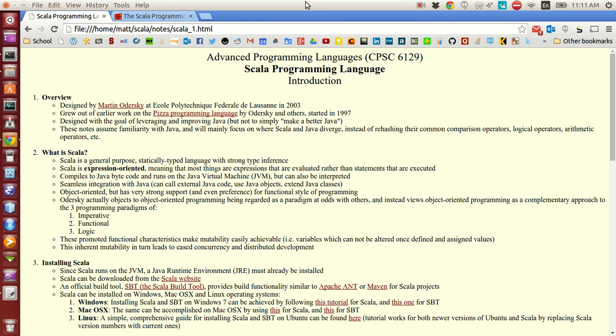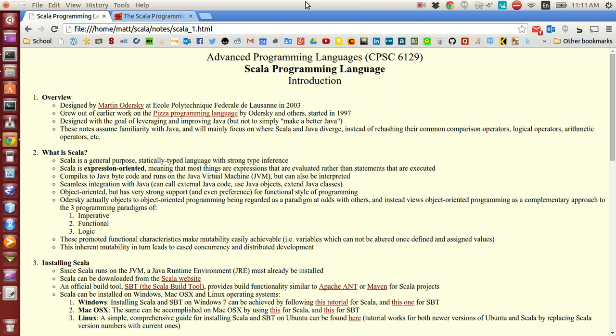At the time, Odersky and I believe some of his colleagues actually, when generics became a part of the Java specifications, he rewrote the compiler at the time to include them, and I believe that's the compiler he wrote remains the base compiler for Java today.